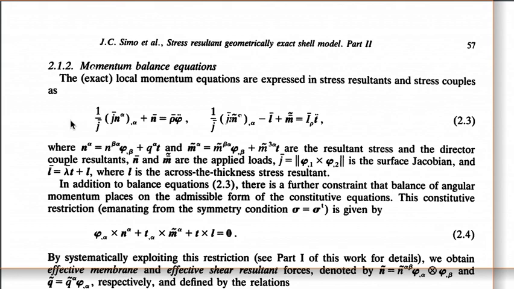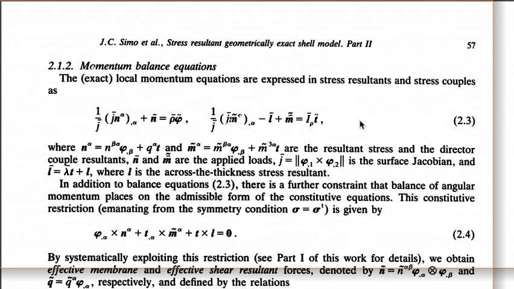These are derived right from the 3D equilibrium or 3D balance equations, which are in terms of Cauchy stress or first Piola-Kirchhoff stress. When we integrate over the thickness direction, we get these stress resultant terms, and the expressions of these stress resultants, with superscript alpha, are given in terms of the Cauchy stress and first Piola-Kirchhoff stress.